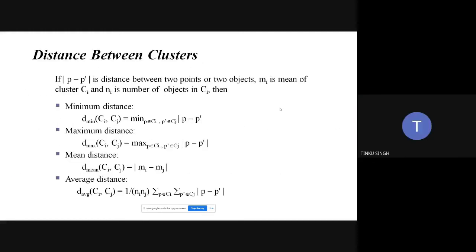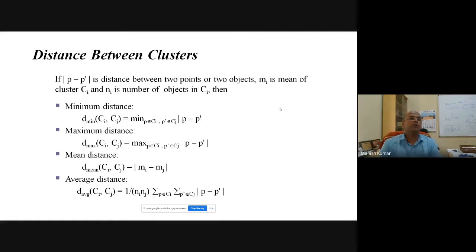Okay, so let me go further. When you apply clustering on certain time series data, we are always interested in finding the distance between sets of clusters. So I can define minimum distance, maximum distance, mean distance, and average distance.